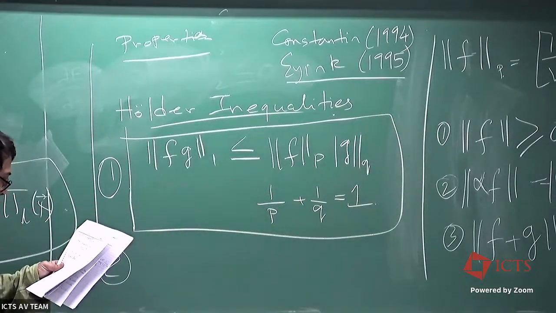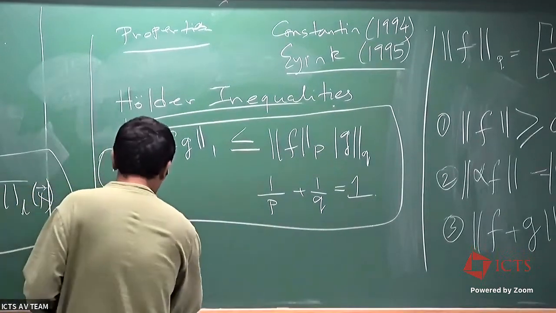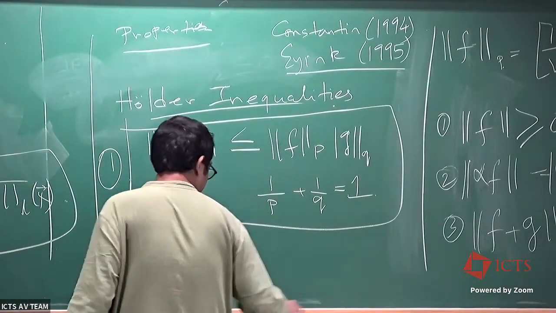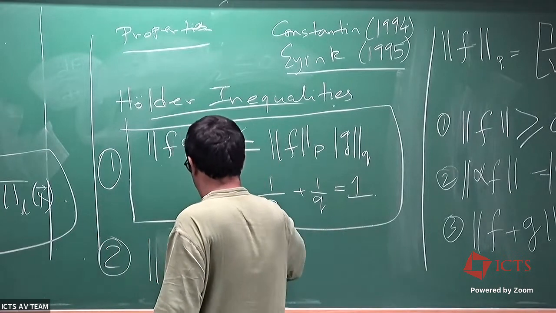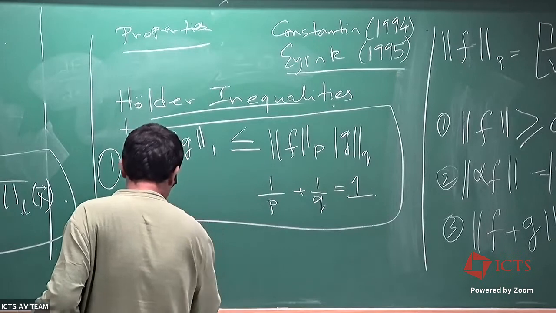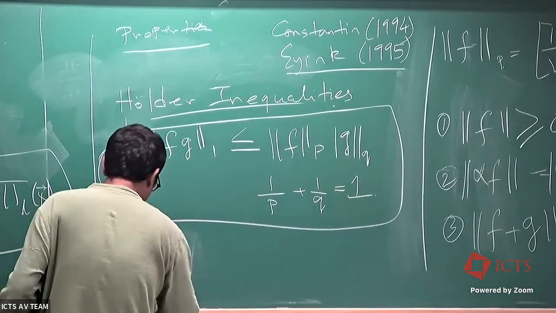There's an equally powerful inequality, and I think that is the one that we will mainly use. There are too many bars that I'm drawing.